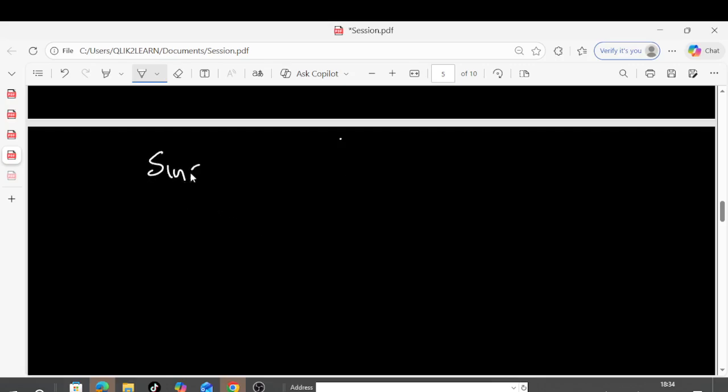This is the sine of x minus 30 degrees. You get this in an exam and then you'll be like, how can I solve this problem? This is general solution.